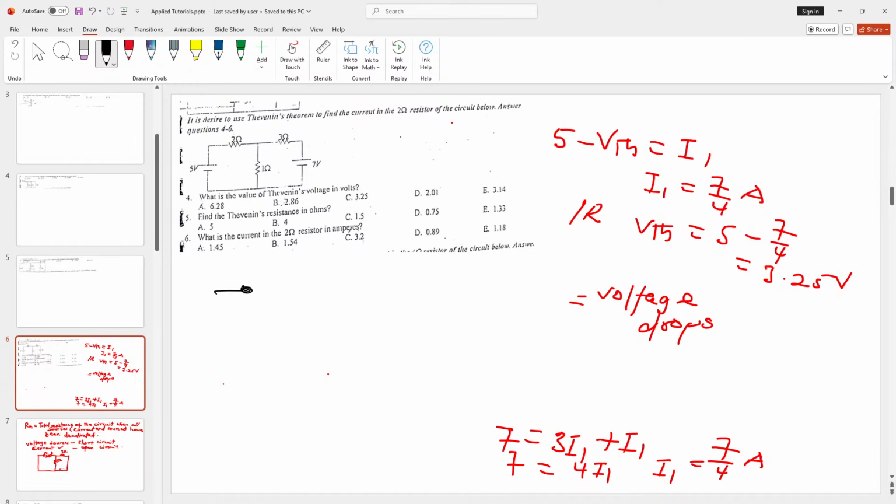Once again, I'm going to take away the 2 ohm resistor, because that is our load resistance, and we put RTH there. Now, this 5 volt source, we are going to short circuit it. That means you draw a branch that has no resistance across it.